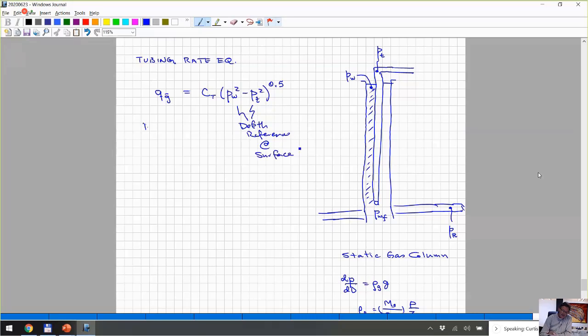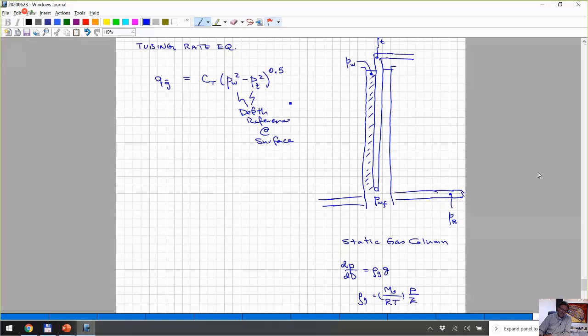So basically you've got a constant, and this constant is mainly a function of the pipe diameter because of the friction factor. It's a function of the inner diameter of the tubing to about the power of 2.7.